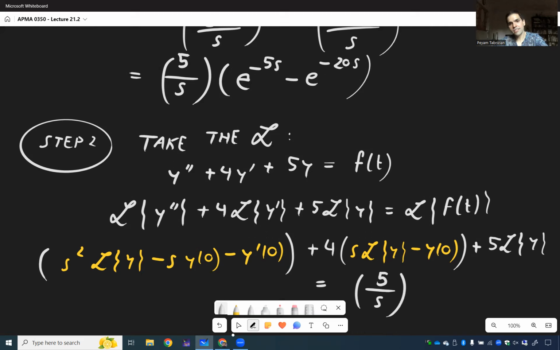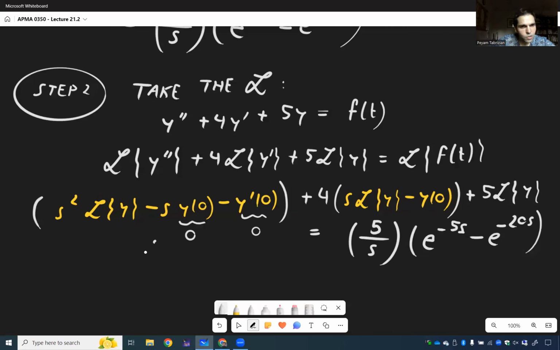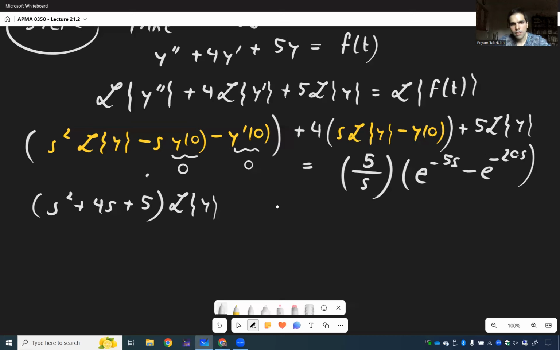So 5 over s, e of minus 5s minus e of minus 20s. And once again, some terms simplify because y of 0 is 0, y prime of 0 is 0, and here also y of 0 is 0. So what this becomes is simply s squared plus 4s plus 5 times L of y equals this other Laplace transform, 5 over s times e of minus 5s minus e of minus 20s.